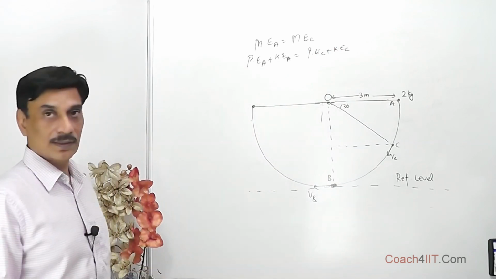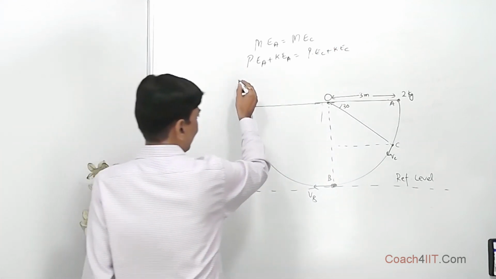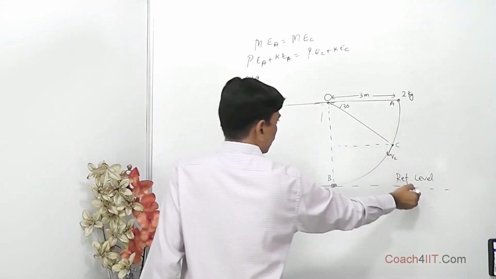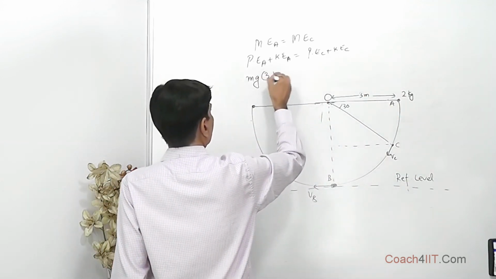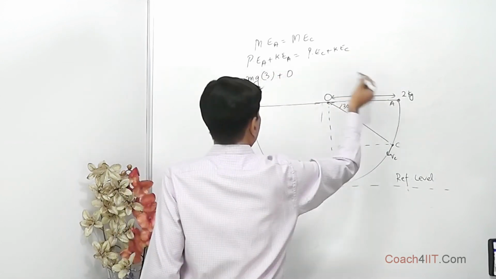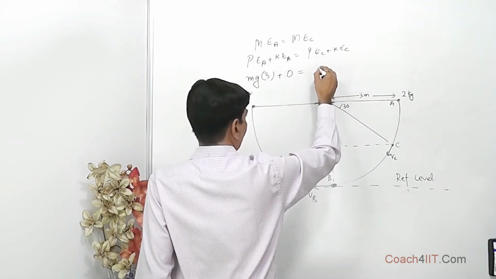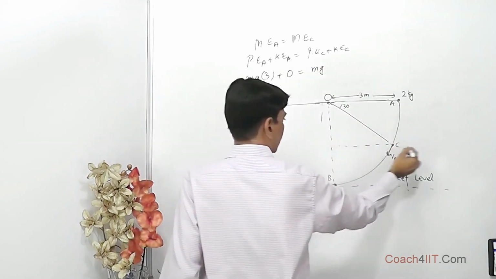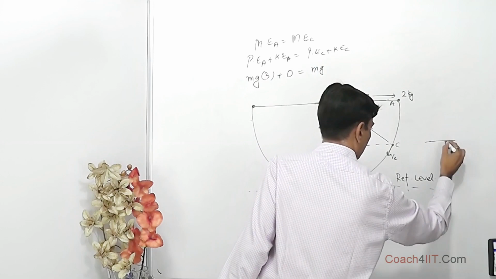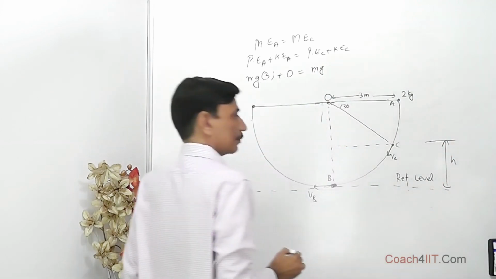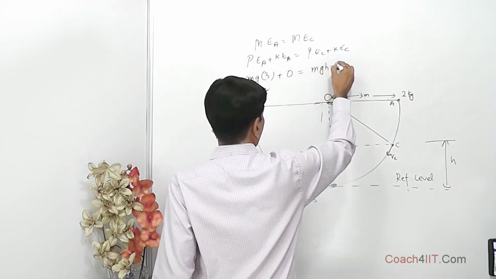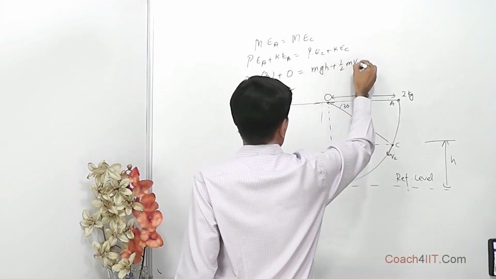Potential energy at A is mg3 plus kinetic energy is 0 because speed is 0 over here, and over here this is mg times this height, which we have to find out. So let's call it h, mgh plus half m VC square.